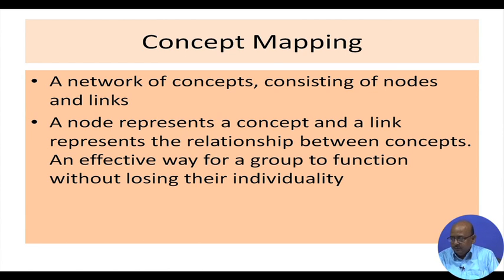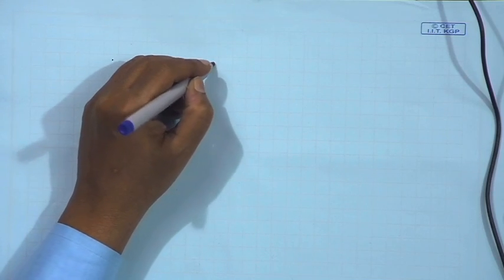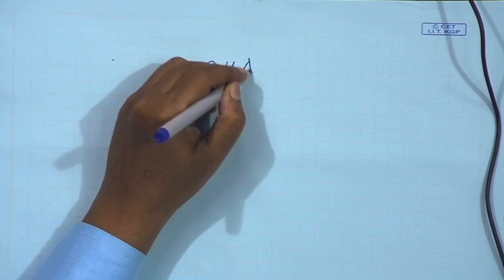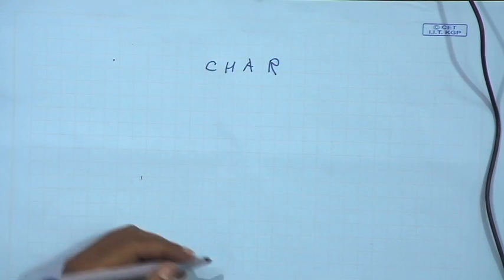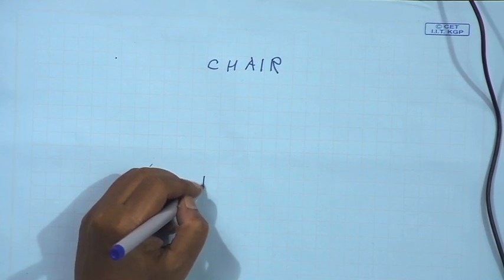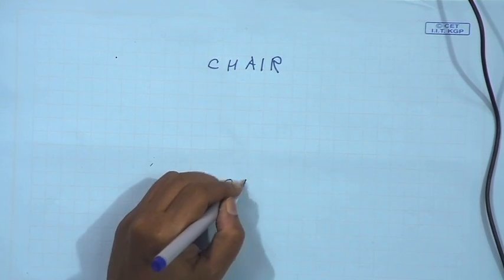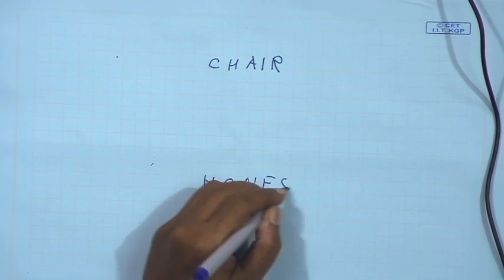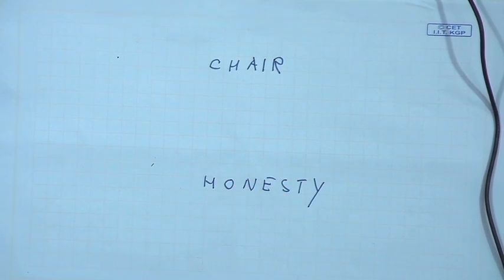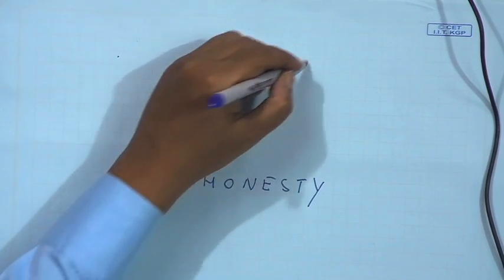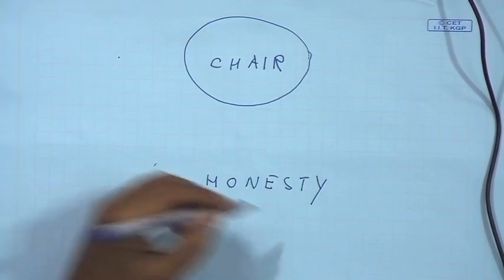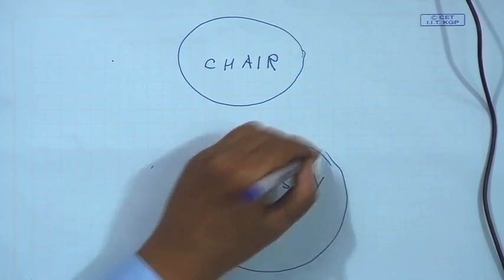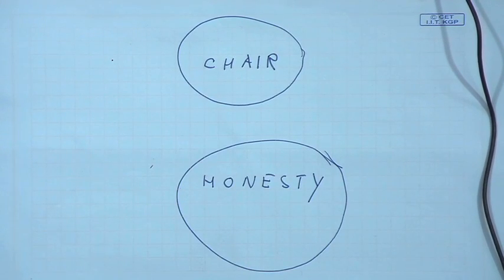Say for example, I am going to write this. I am going to use two words: chair, and I am going to use another word as a concept, honesty. Now, if you look at chair and honesty, both are terms or concepts.